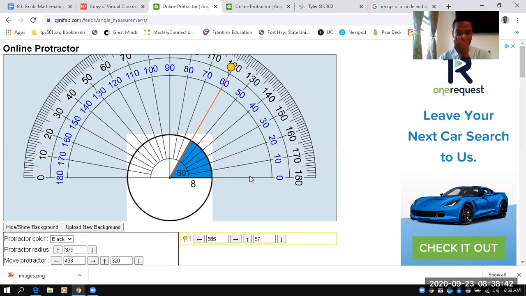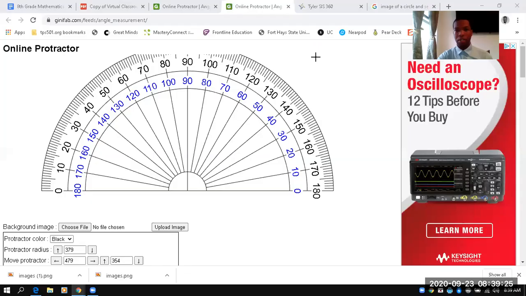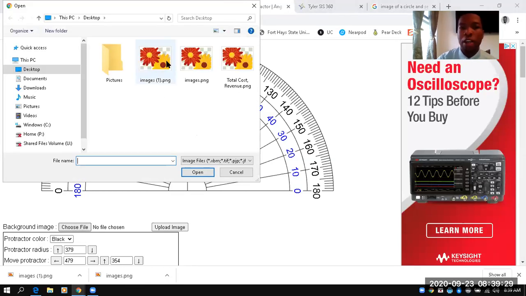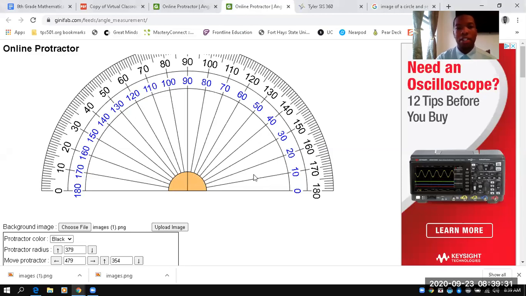All right, let's do another example. Actually, let's do one more example first and then we'll see. We're gonna do another one. I'm gonna choose my image. It's gonna pop in here when I click upload.